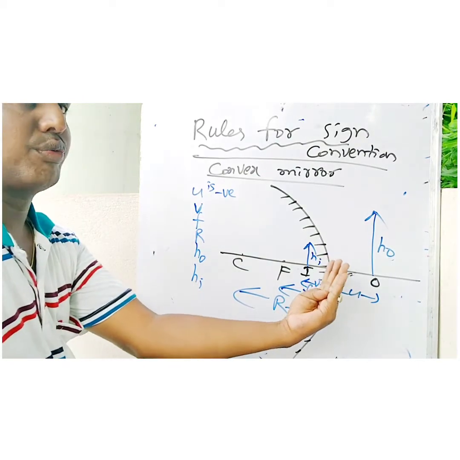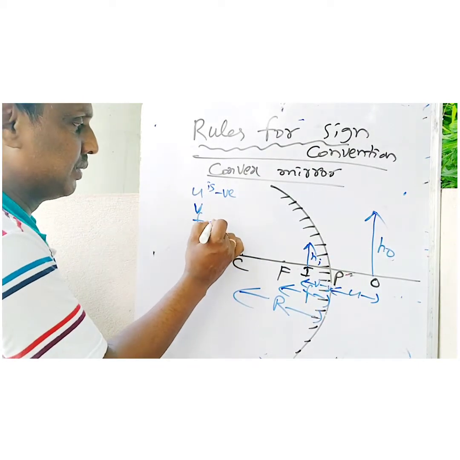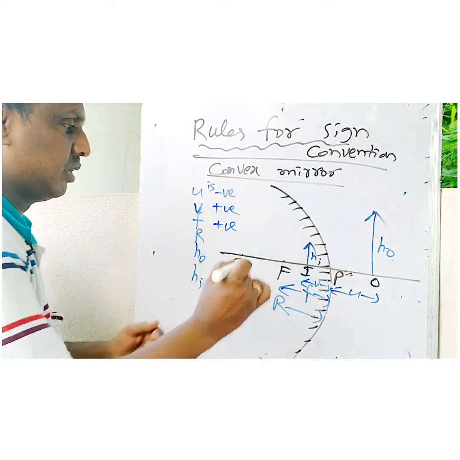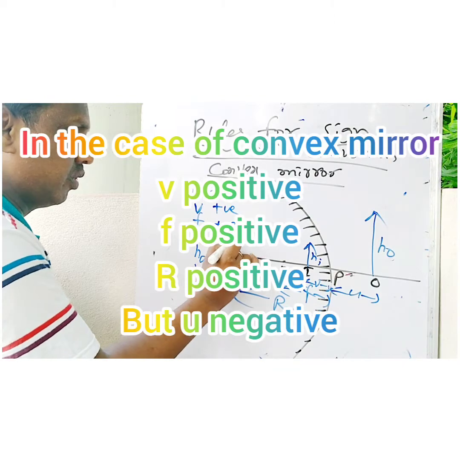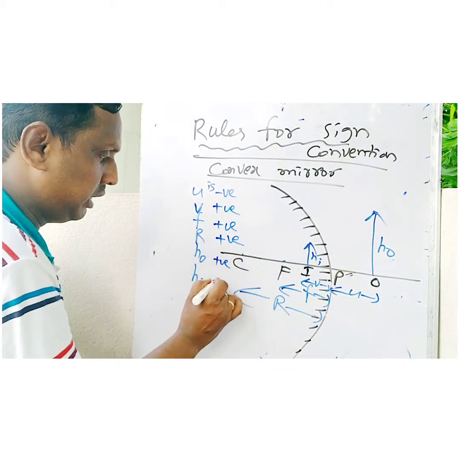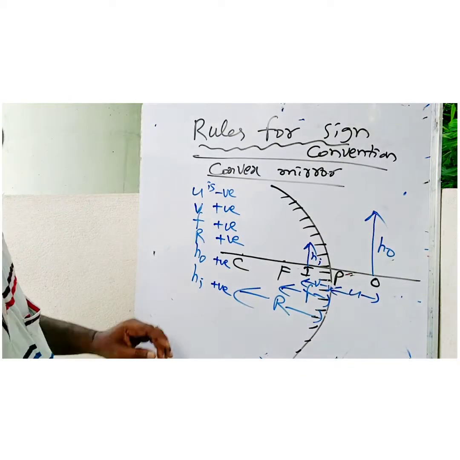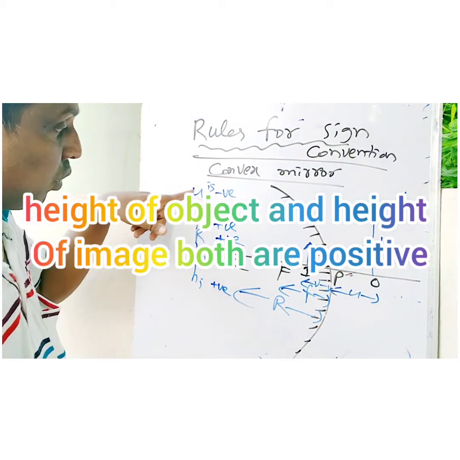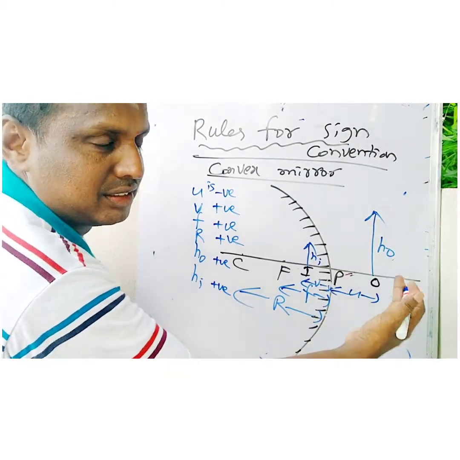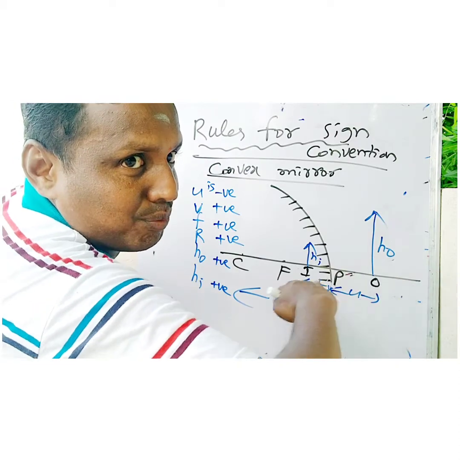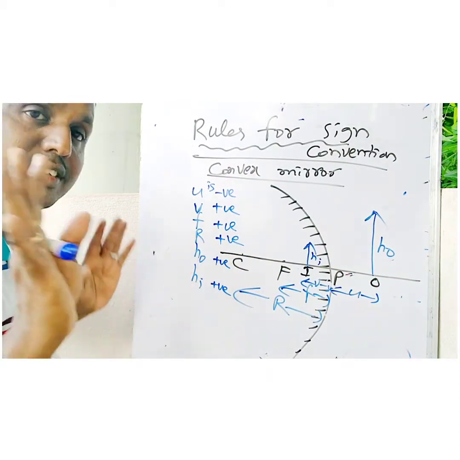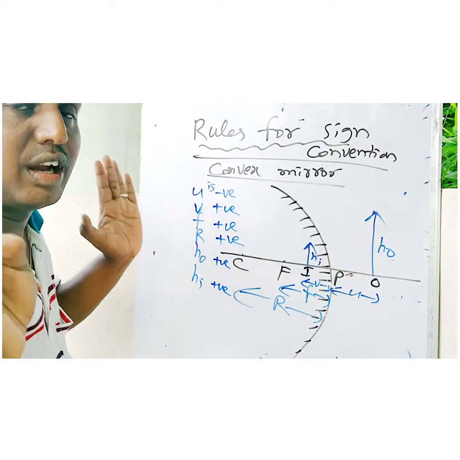But F on this side is positive, V is also positive, R is also positive. HO is above, HI is also above, so HO positive, HI positive. Only U is negative, because U is the object in front of the mirror, and we measure the distance from the pole on this side. The remaining are all positive. Clear? This is about the convex mirror.